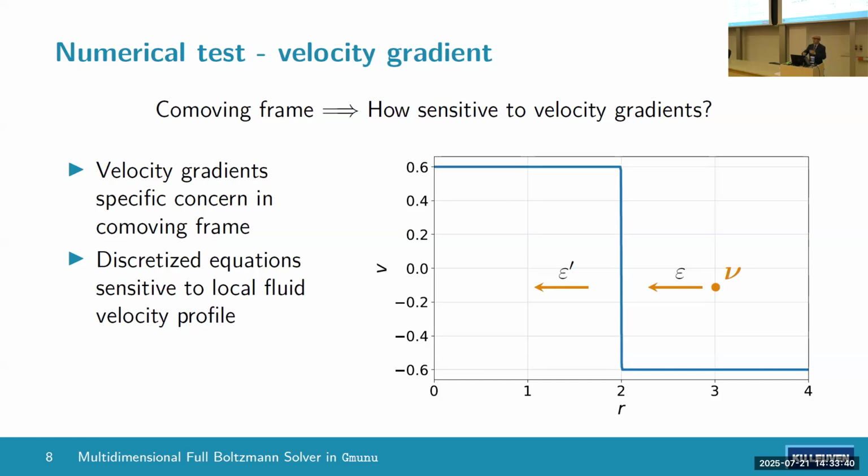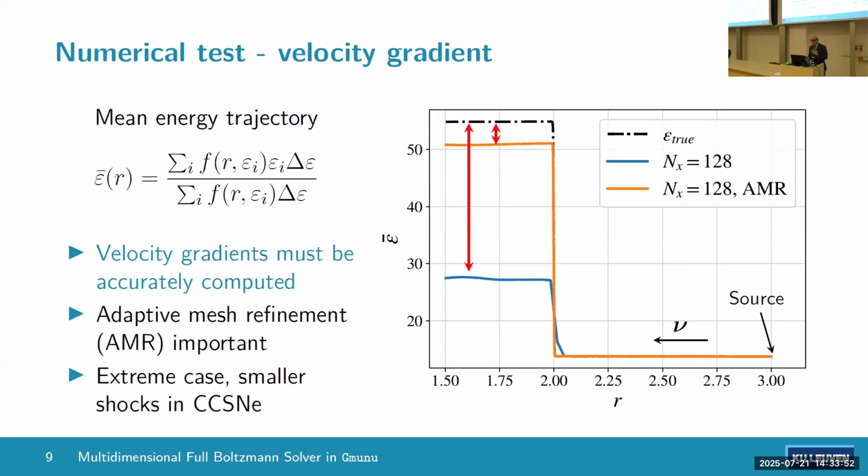In particular, when we discretize the equations, are we sensitive to the local fluid velocity profile? So in this case, I'm going to do something very extreme. I make a very extreme velocity gradient, and I'm going to see, can I actually resolve all this information, so that we show that our code can accurately track what is shown here in the black line.